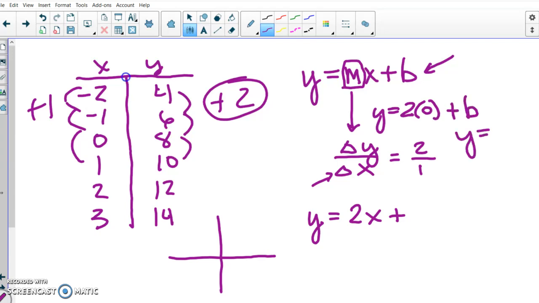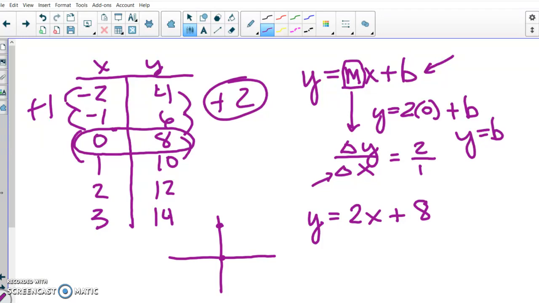We get y equals b. That means the y value is b. We look in our table where x is 0, and we see that our y value, or our y-intercept, is 8. 8 is where the line will pass through the y-axis.